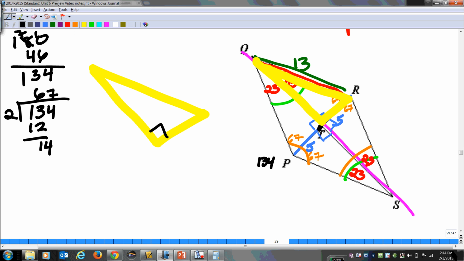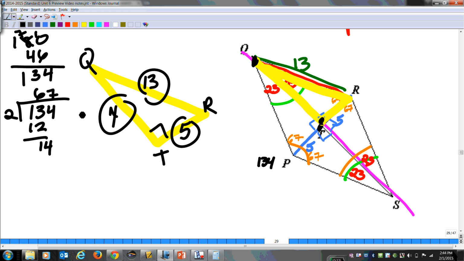So as you bring this triangle out, we have a 13 here and a 5 here, and the only length we don't have is from Q to T. We're just going to call that X. Well, we have a right triangle, and we have two sides, and we need a third side. You heard that? That should jingle something. Two sides, you need a third side, you do Pythagorean theorem.